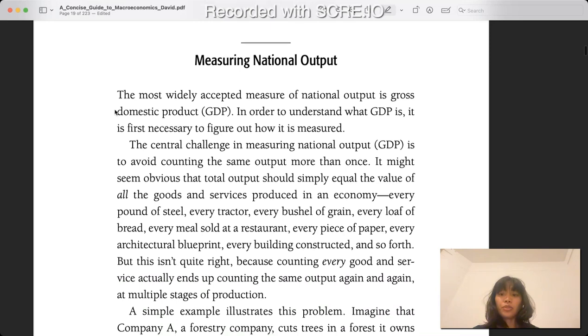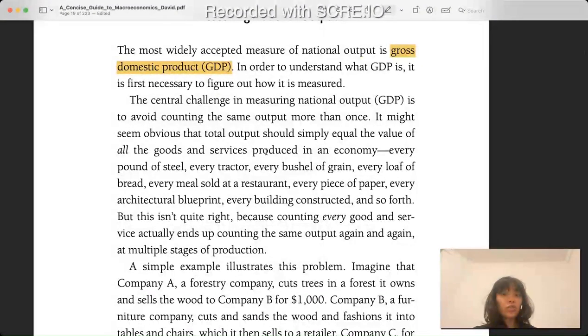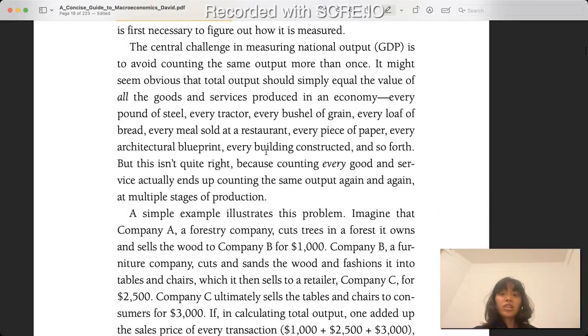Measuring national output. The most widely accepted measure of national output is gross domestic product, GDP. In order to understand what GDP is, it's first necessary to figure out how it's measured. The central challenge in measuring national output, or GDP, is to avoid counting the same output more than once.